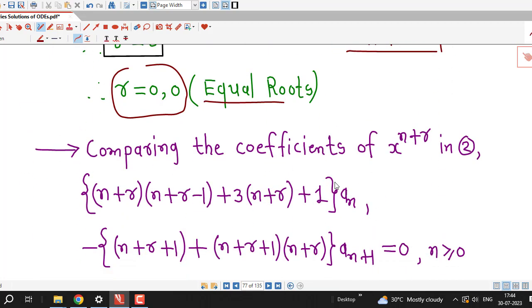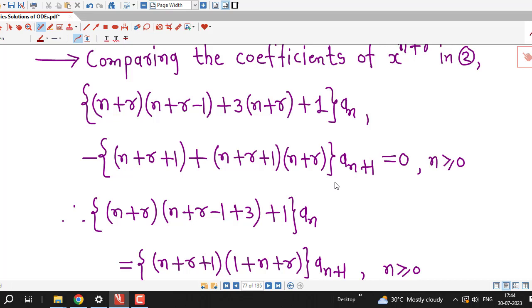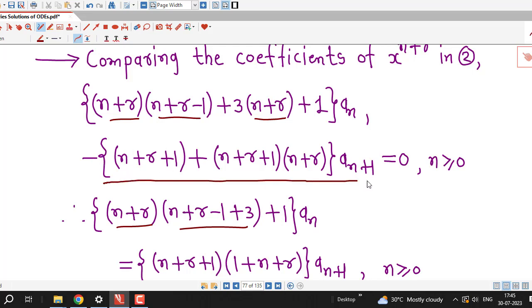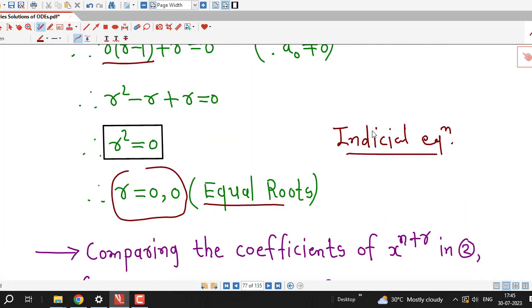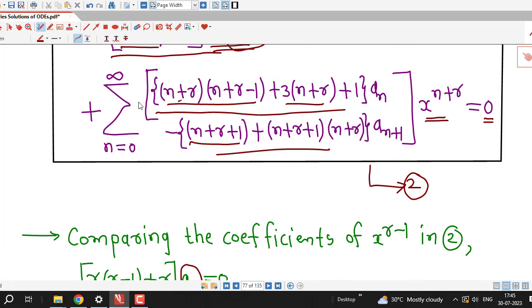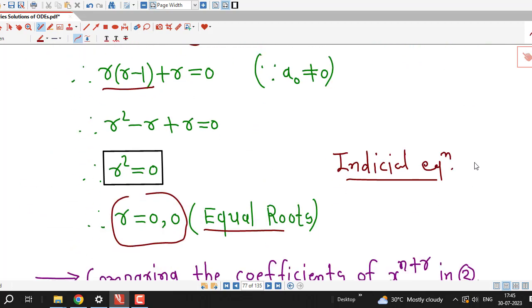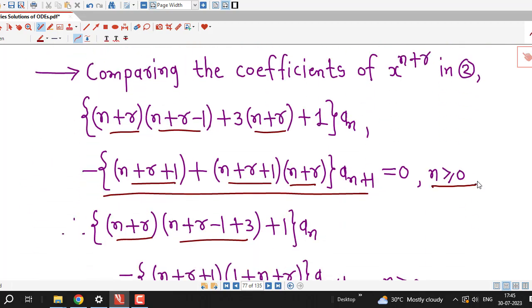So that I have equated to 0, and then I have taken n plus r common here, and I am left with n plus r minus 1 plus 3 and this plus 1, and this negative sign is there, therefore I have taken this term on the right hand side, and simultaneously I have taken n plus r plus 1 common, and here I will have 1, and here I will be left with n plus r into a n plus 1, and these summations are starting from n equal to 0 to infinity, therefore here also n will start with 0.